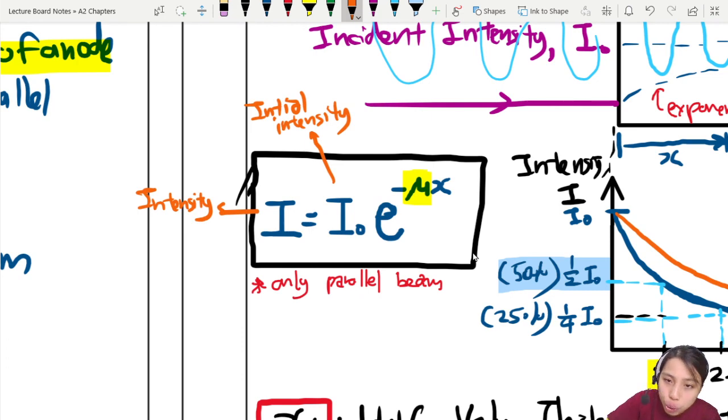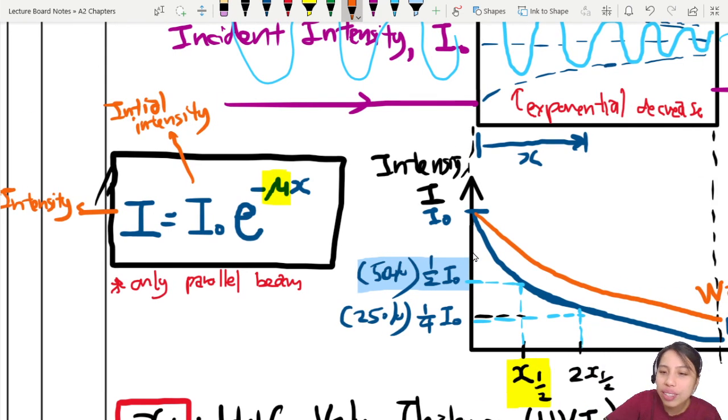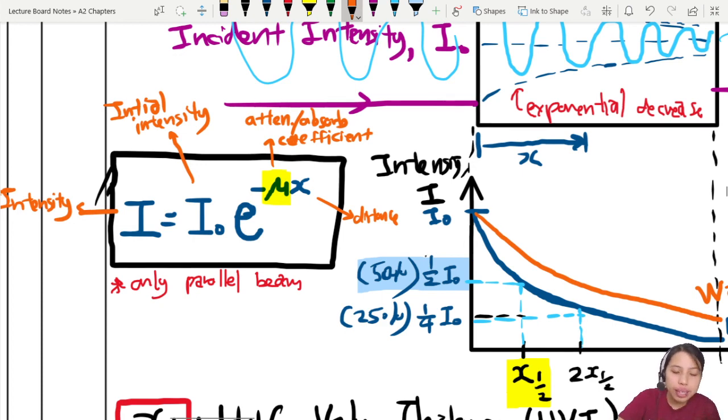Mu represents this decrease in energy, and this is our attenuation coefficient or absorption coefficient. And lastly, the x here is just how far you travel inside the object, distance, in cm, units, whatever you want to call that. Right, so that is the idea of this thing.